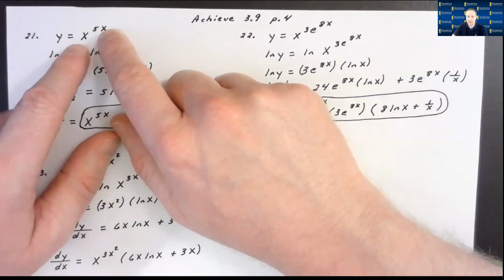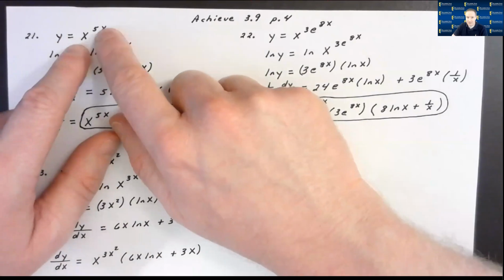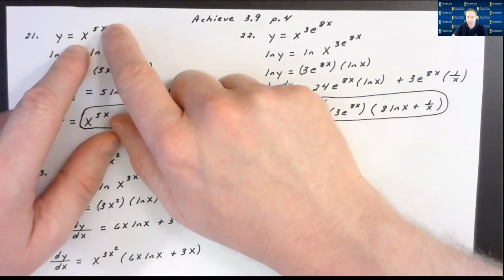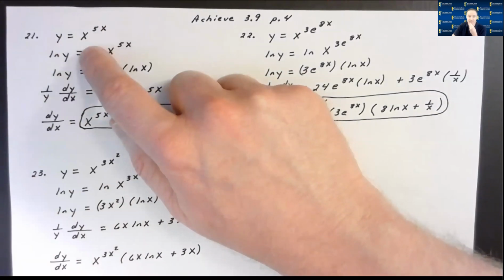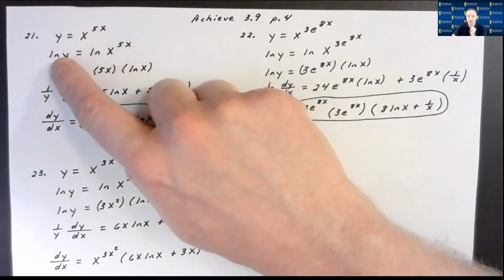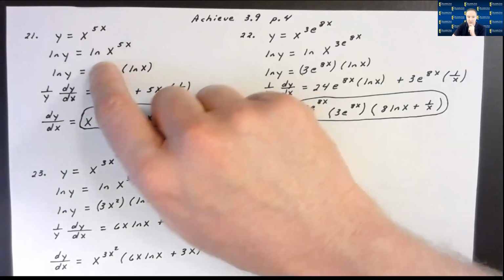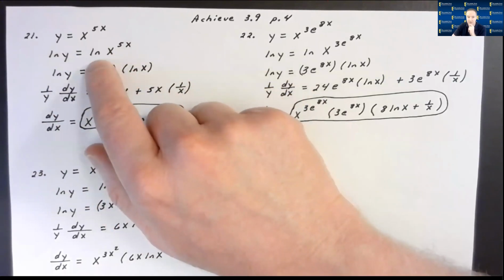No, that only applies if you have like x to the second, x to the fifth. This is not either one of those. So I can say, well, all right, it's not an exponential, it's not a polynomial. There's no derivative rule to handle this directly. But it's very easy to handle if I just remember logarithmic differentiation tells us to take the natural log of both sides.